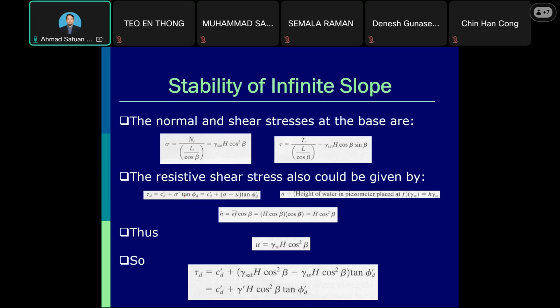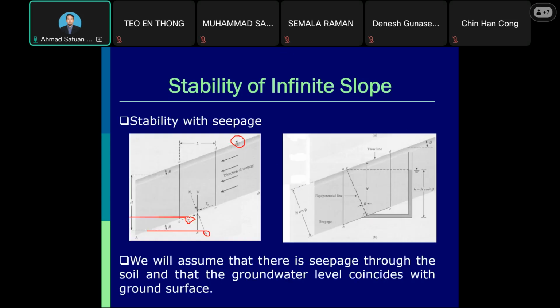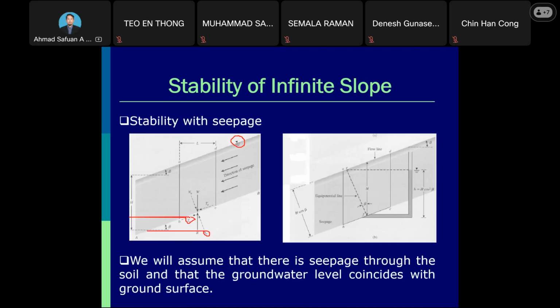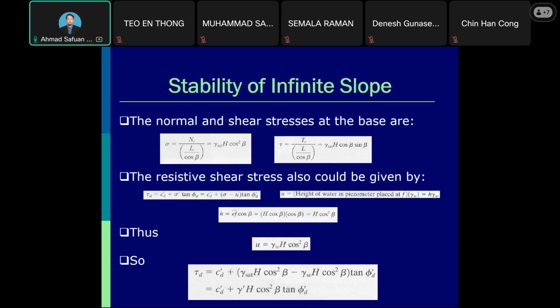C D plus sigma tangent phi D, or equal to C D plus sigma minus u tangent phi D. Here u is the pore water pressure, because there is seepage, or the groundwater level is at the top of the slope surface, where u is the height of the water in the piezometer at F, times the unit weight of water, so it becomes h gamma w.